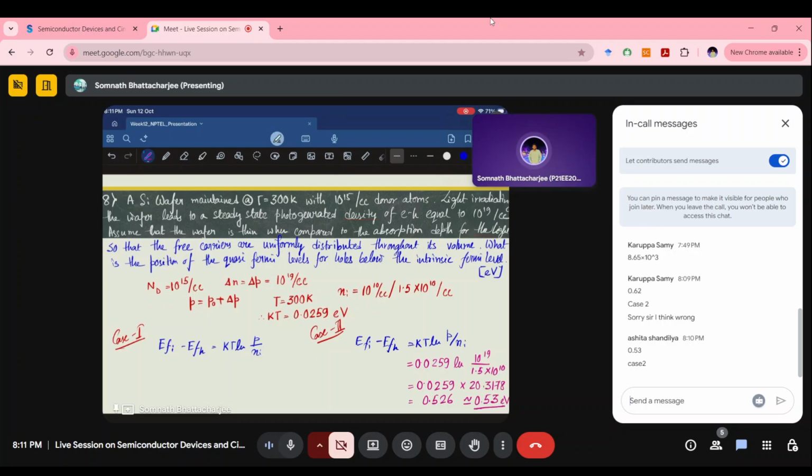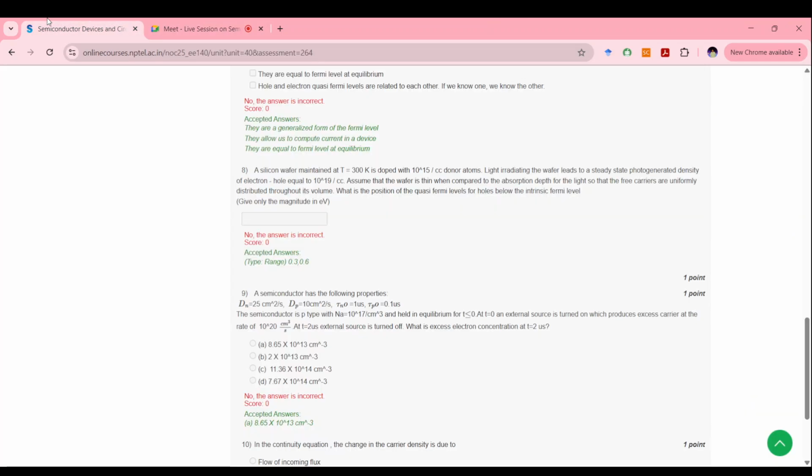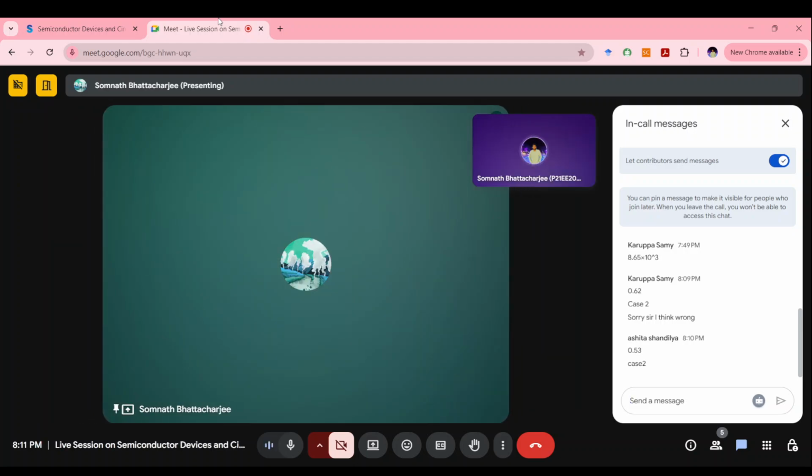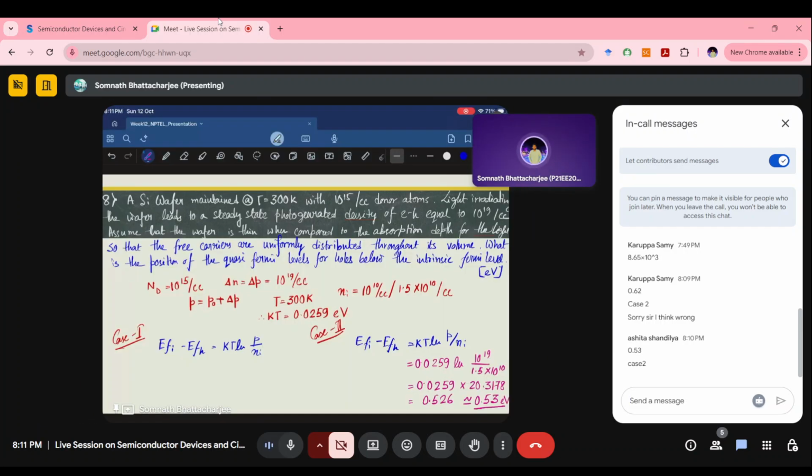So the answer that was given in the question was 0.6 to 0.3. So we have already got this value. Let's right now put it in this. That is ln of 10 to the power of 19 by 10 to the power of 10. So this is just directly straightforward.